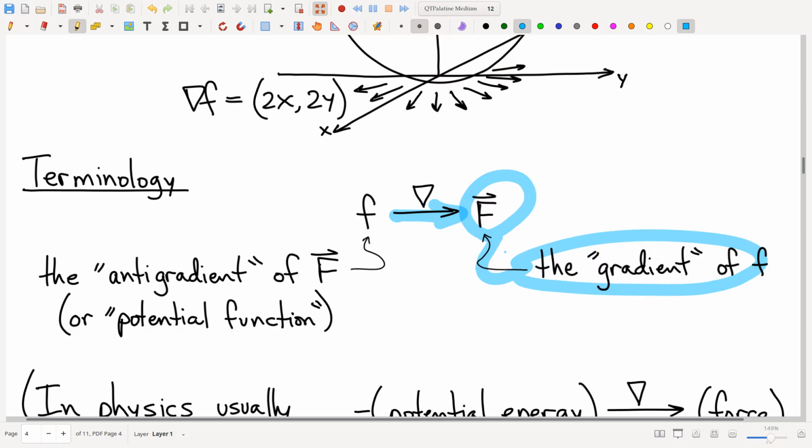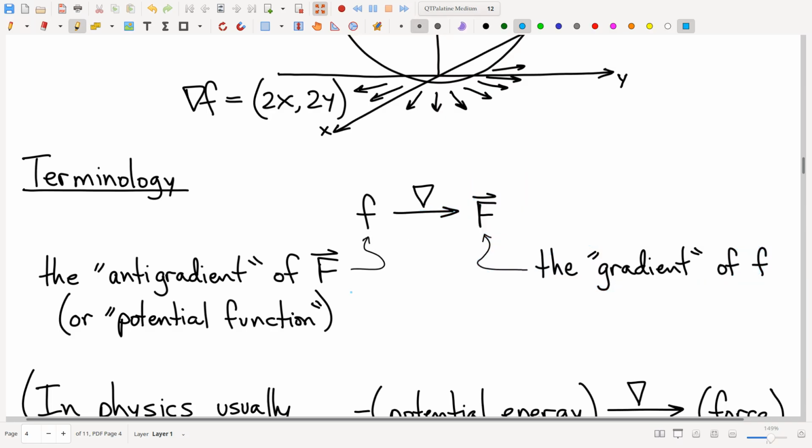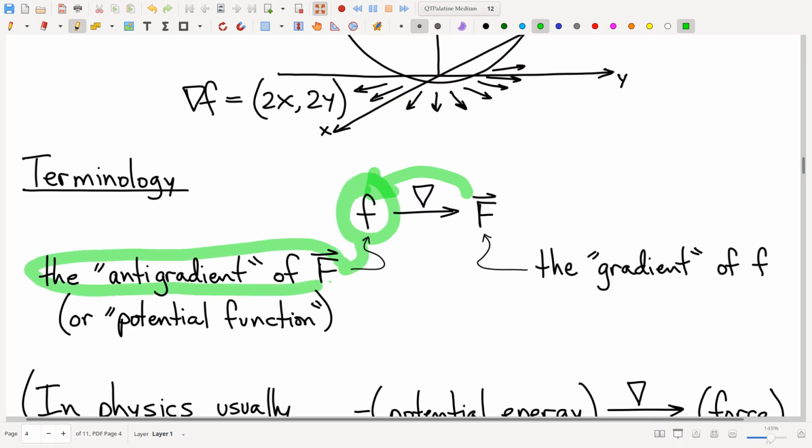And I think, in perfect analogy, when you go the other way, when you undo, when you take a vector field and ask, what function might that be the gradient of? I think this should be called the anti-gradient. Because, I mean, my gosh, it is, right?